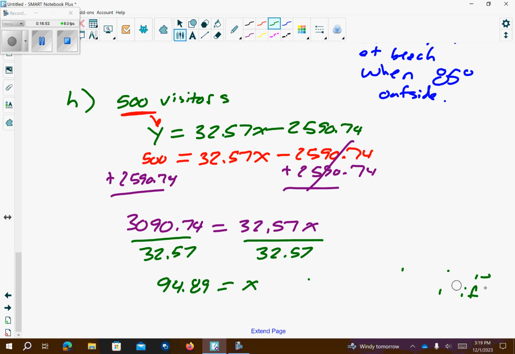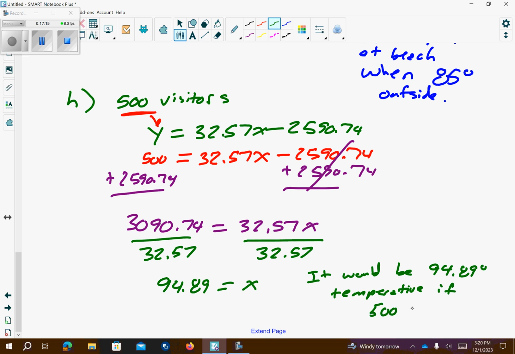It's x, that's temperature, isn't it? It would be 94.89 degrees temperature if 500 visitors on the beach. So you're using this to predict some stuff, okay?